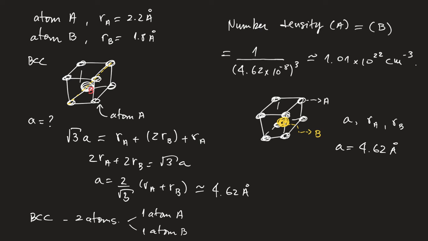If we calculate the number density for A and B, you can compare this structure with this structure. The number of atoms is still the same, and therefore the number density will be the same, found right here. So we're going to get the same results.